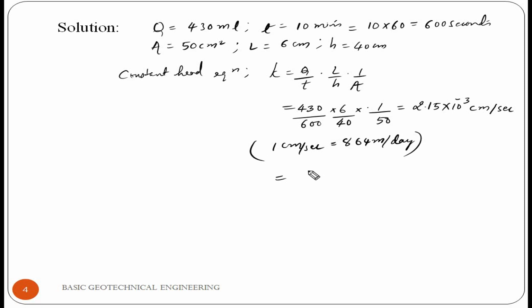So now 2.15 into 10 to the power of minus 3 into 864, which will be equal to 1.86 meter per day.